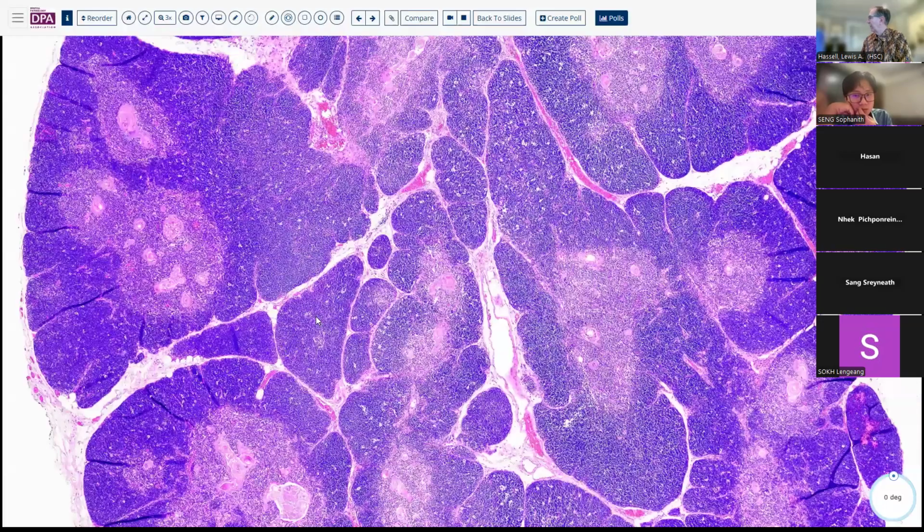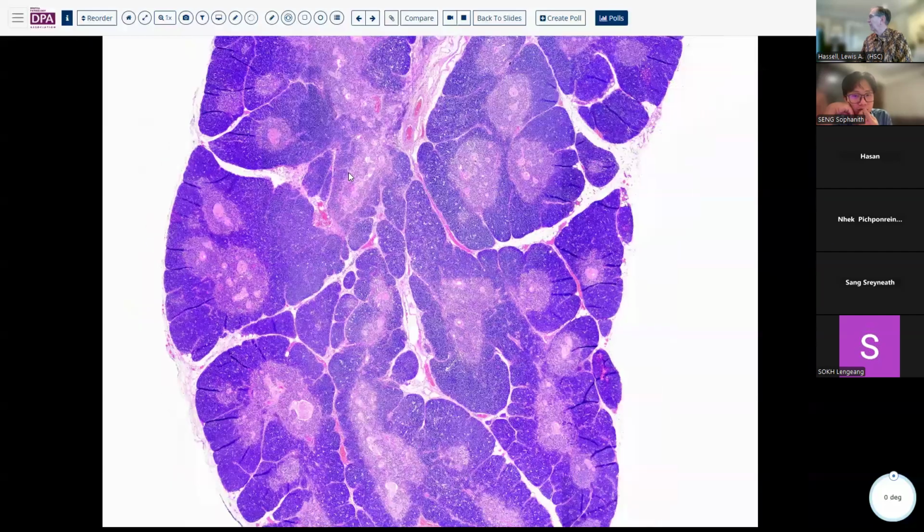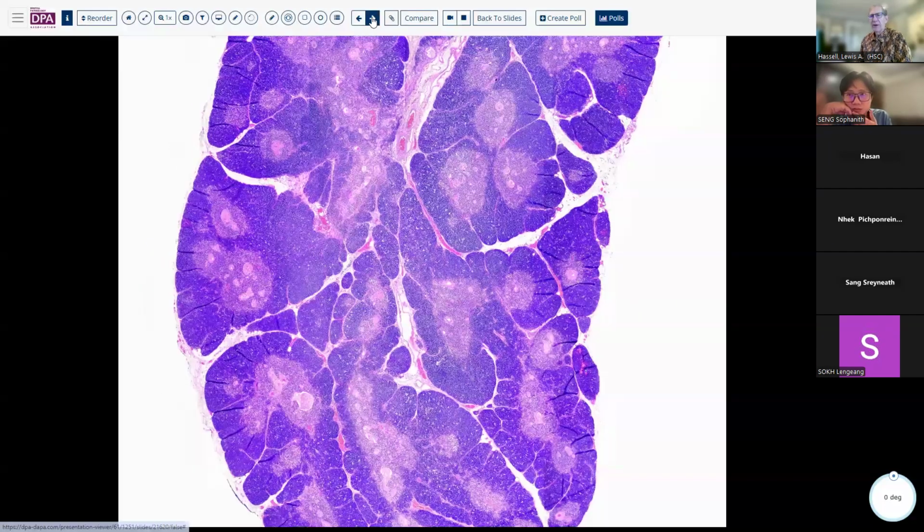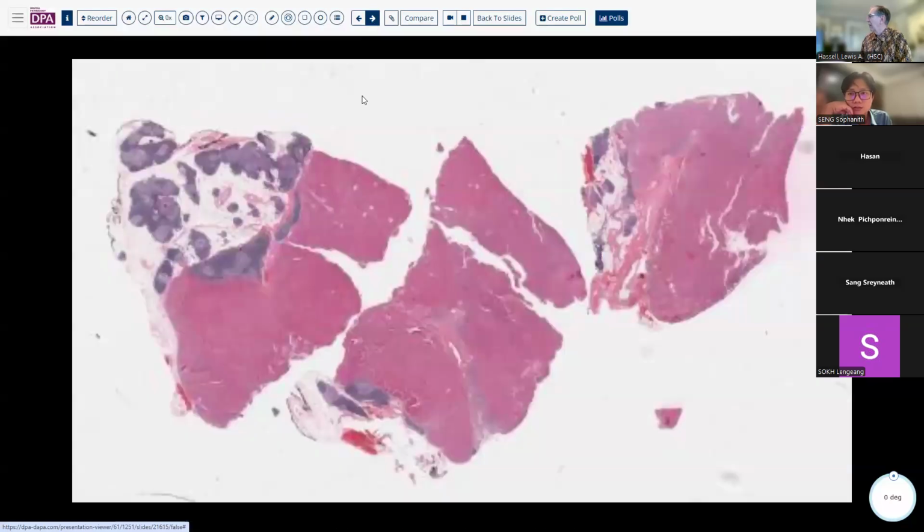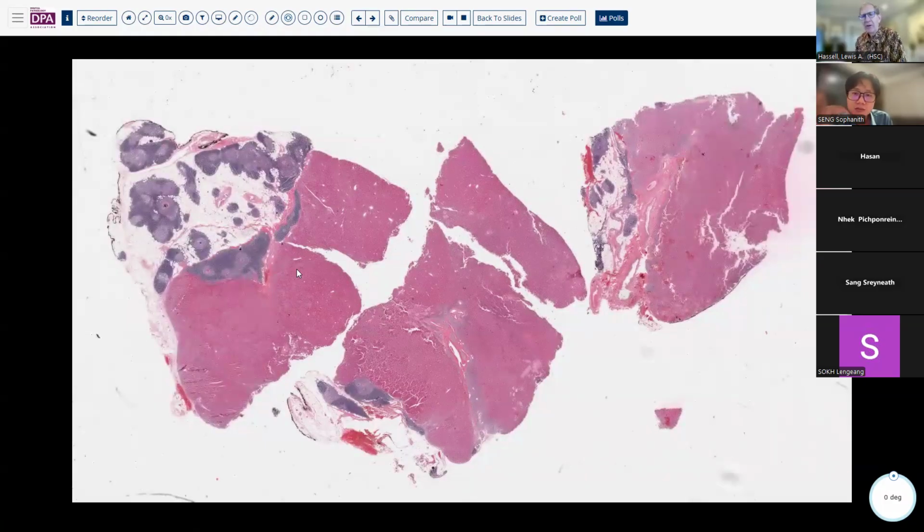So that also is in the differential. That may be more common with patients with myasthenia gravis, just as thymomas can be more common in patients with myasthenia gravis.